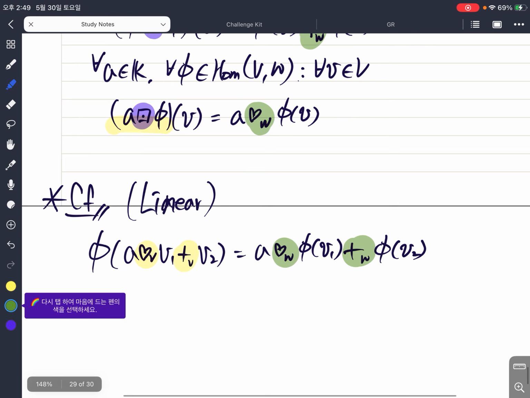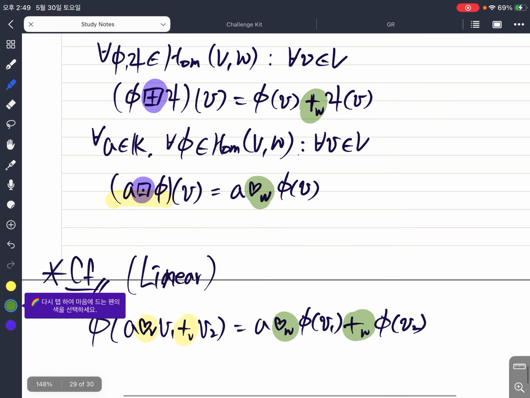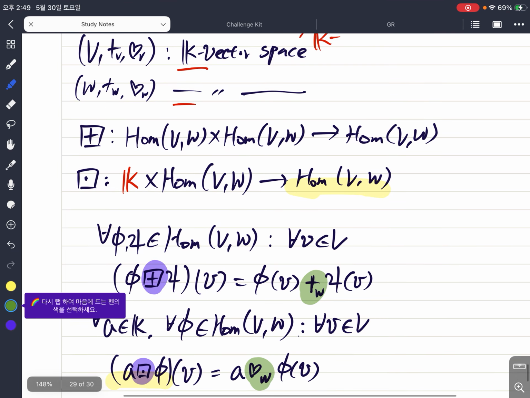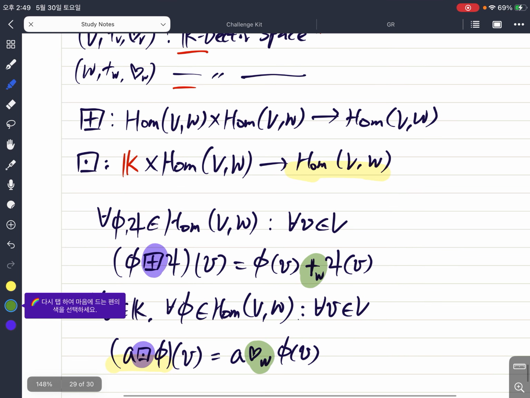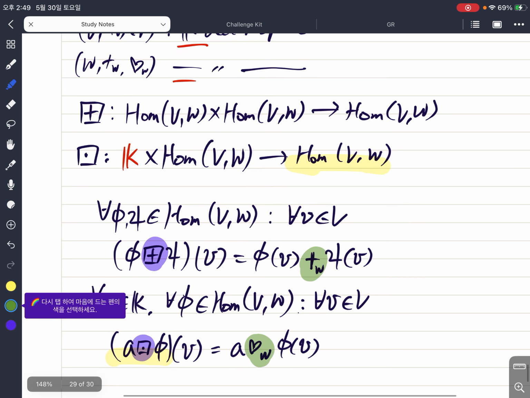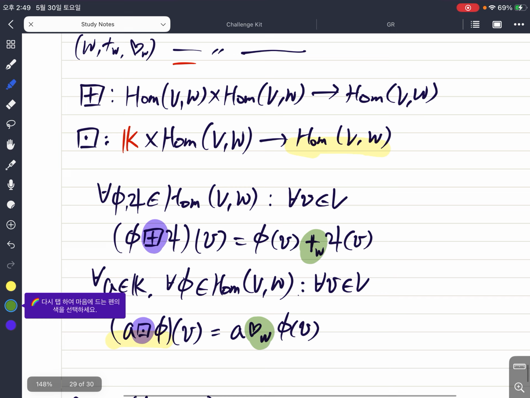I like to compare these two. So now you have a clear definition of addition and scalar multiplication, which is well defined, and they satisfy all the axioms, because W is a vector space, so plus in W and scalar multiplication in W satisfy the vector space axioms, so we don't need to check again.